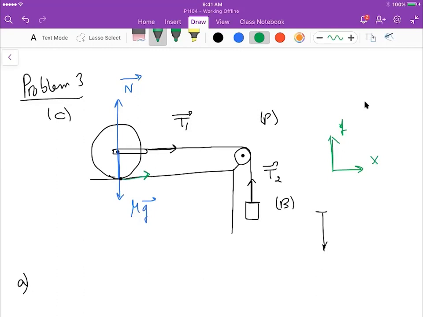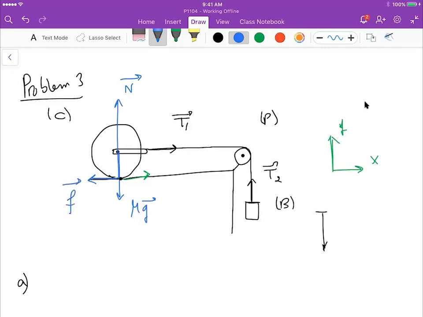T1 will not produce any rotation, it only produces a translation. So the point P of contact will move forward. Then if we are to have rolling without slipping, there must be a friction force between the cylinder and the surface so that the point P stays at rest. So the friction force must oppose the tendency of point P to move. Since point P has a tendency to move to the right, the friction force must be directed to the left.